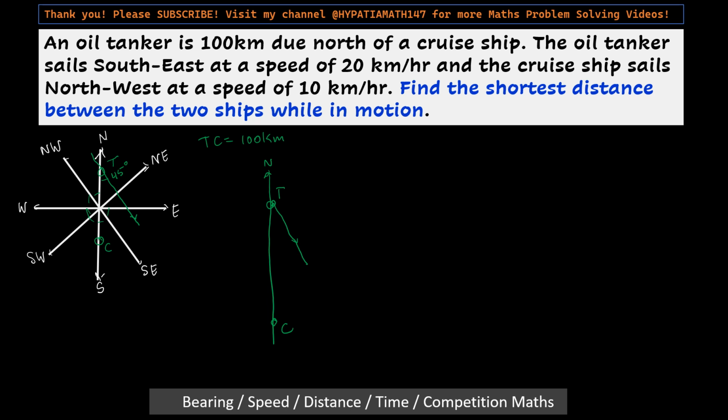And when will they be in a straight line? So let me show the direction of motion of the cruise ship. The cruise ship sails northwest, so northwest would be parallel to the same line. So these two lines are parallel to one another, right? So this is going northwest, there's the cruise ship, and this angle is also going to be 45 degrees.